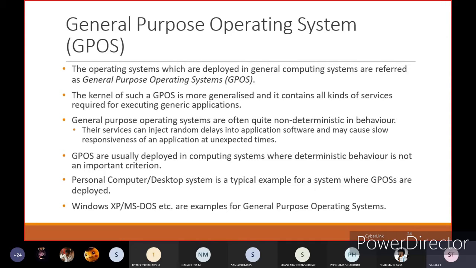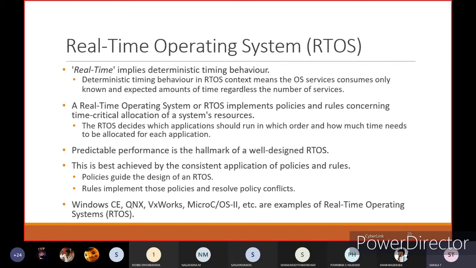Behaviorally, how it is working with respect to the type of function it is doing is not an important criterion for a general purpose operating system. A personal computer or desktop system is a typical example of a system where GPOSs are deployed. Windows XP, MS-DOS, etc. are examples of general purpose operating systems.